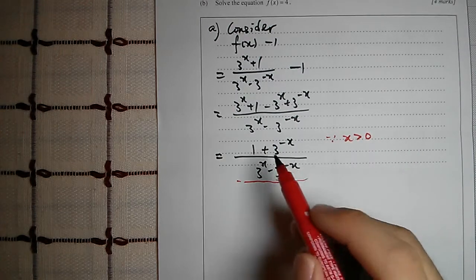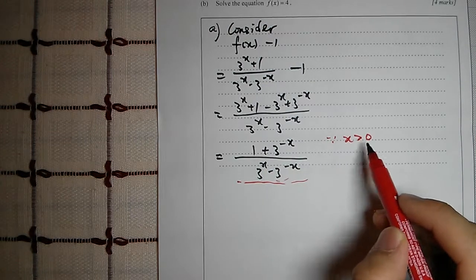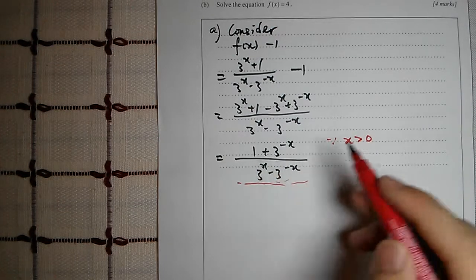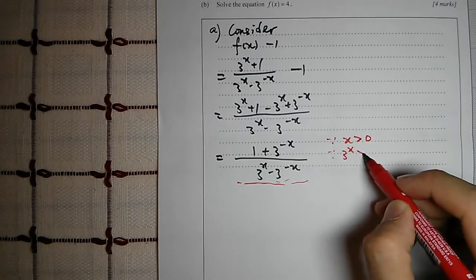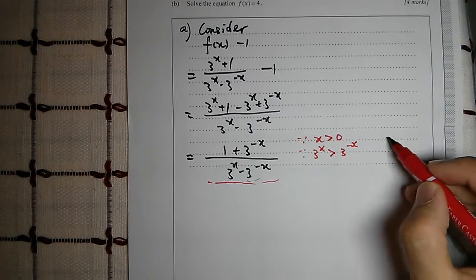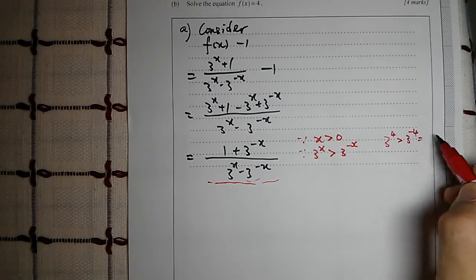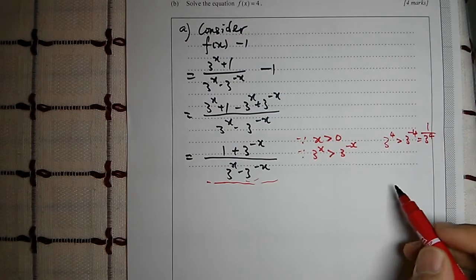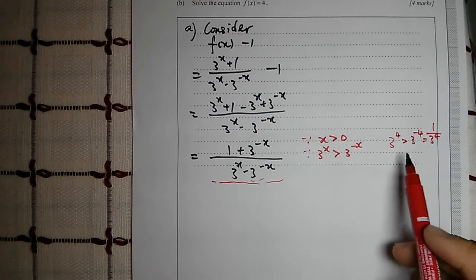And the good thing is 3 to the power of x minus 3 to the power of minus x, given that x is positive, 3 to the power of x must be bigger. You can see that 3 to the power of x must be bigger than 3 to the power of negative x, simply because 3 to the power of 4 is of course bigger than 3 to the power of negative 4, which is 1 over 3 to the power of 4. This is a fraction. This is like 81, it's much bigger.